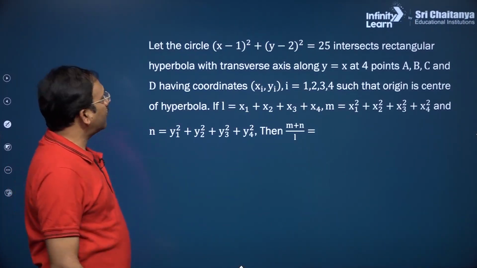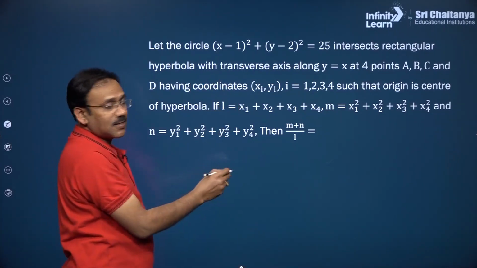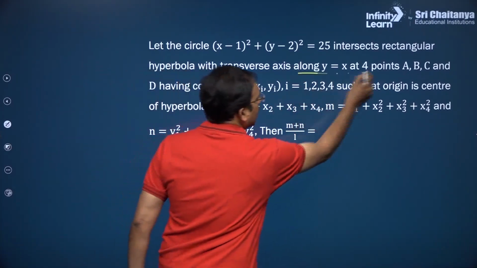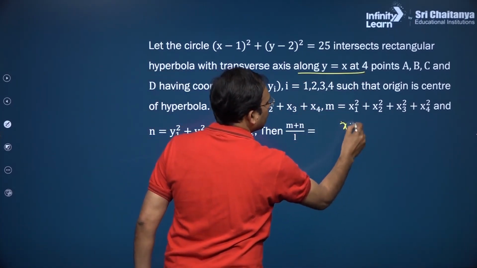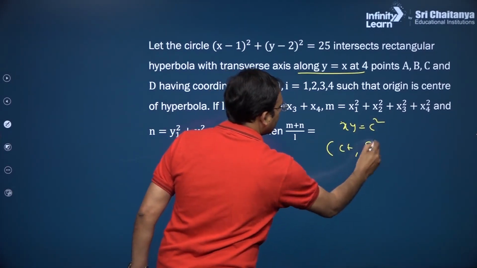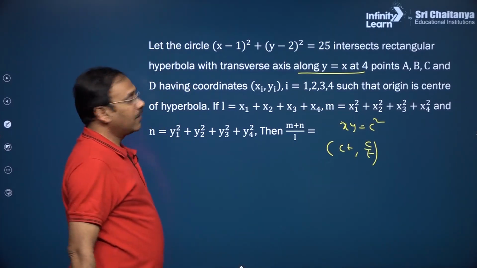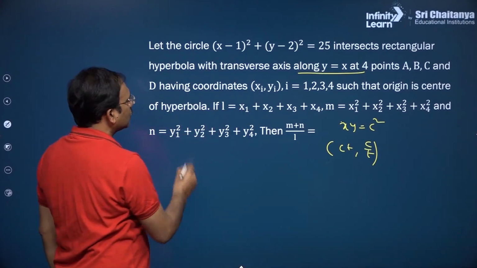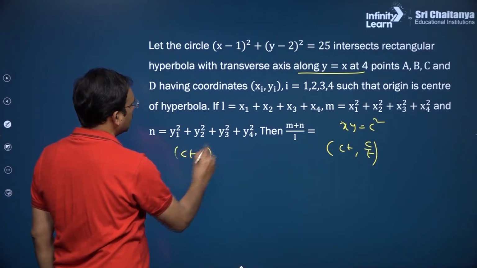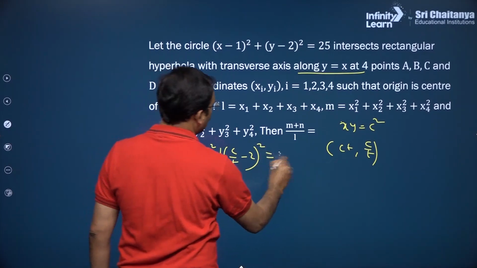Next, you see this particular circle equation. This intersects the rectangular hyperbola satisfying this condition, xy equal to c square. You can take the general point (ct, c by t), right. Now this particular point we need to substitute in this, so (ct minus 1) whole square plus (c by t minus 2) whole square is equal to 25.